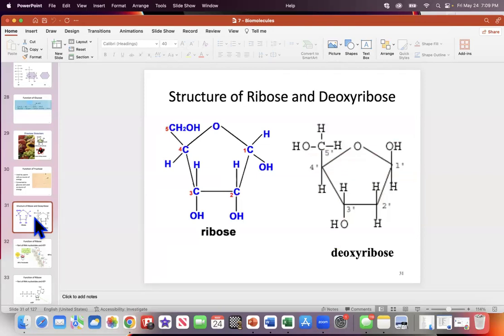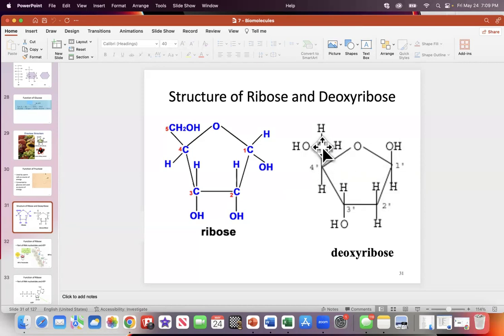Okay, next two, ribose and deoxyribose. These two sugars, you find them in nucleic acid. So ribose is used in RNA and deoxyribose is used in DNA. The only difference is the number 2. So each carbon, the one not written down here is a carbon. Carbon 1, carbon 2.